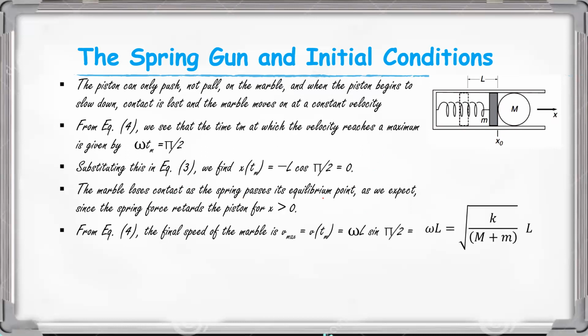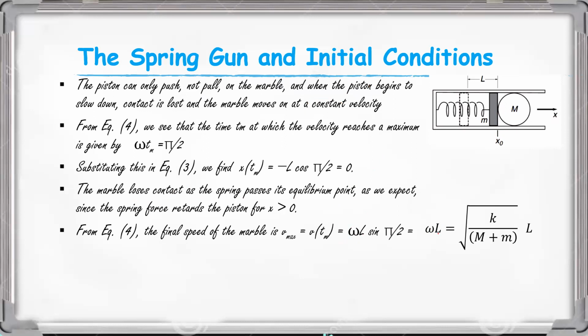So the final speed of the marble before losing contact is equal to omega L sine pi by 2.